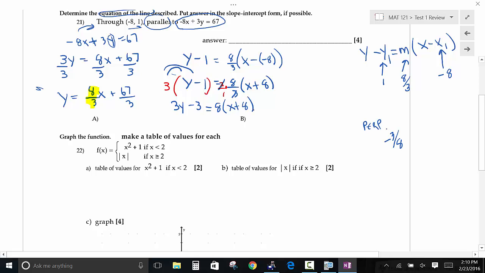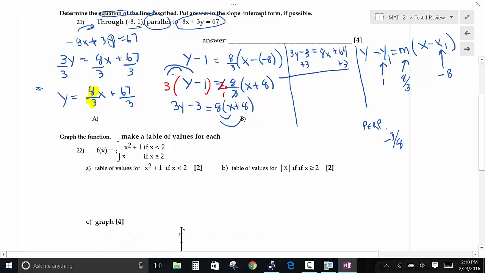Okay, then it's just a matter of multiplying everything out now and then solving. So let me just move this over here now. So we've got 3y minus 3 is equal to 8x plus 64. Okay, then get y by itself. So now you can add 3 to both sides.